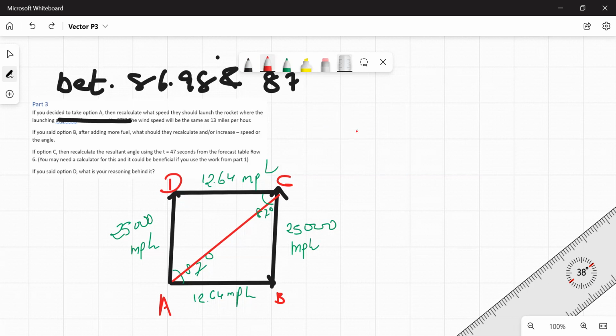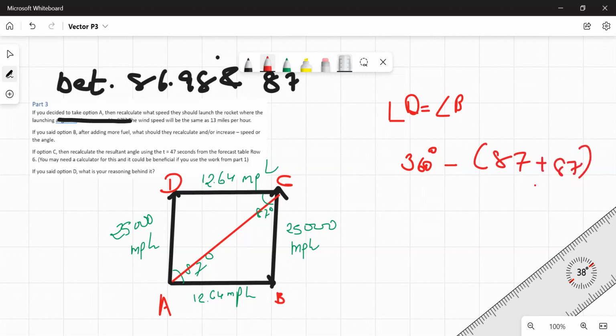So now angle D equals angle B, and we want to find that only. The sum of angles within a parallelogram equals 360 degrees. If we do 360 degrees minus 87 and divide the whole by 2, we get 93.